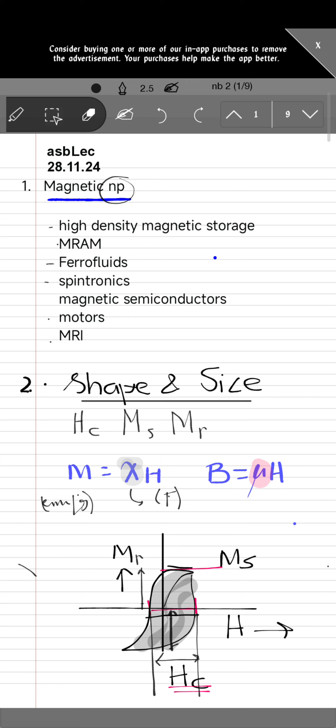If it is less than zero, the material is diamagnetic. More than zero, it is paramagnetic, but less than one.